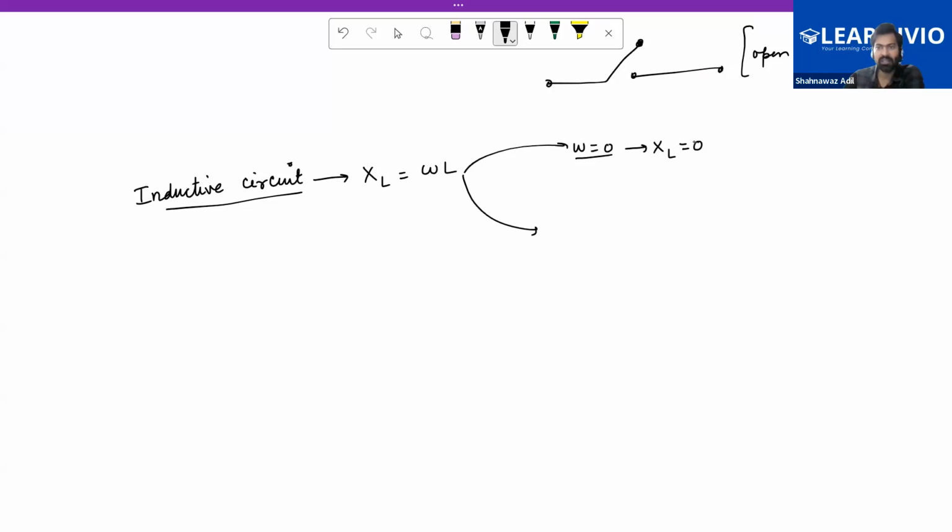If XL is 0, no resistance, then what kind of circuit is this? Can you guys tell me? Omega is 0 means that there is no frequency, which means that the current is not AC. The current is DC, right? So then what you guys can tell me?